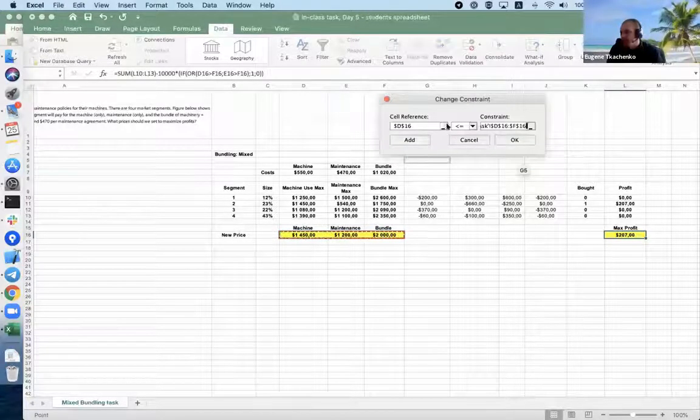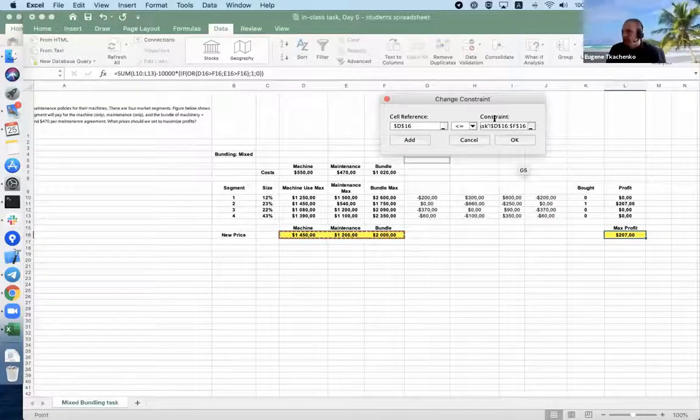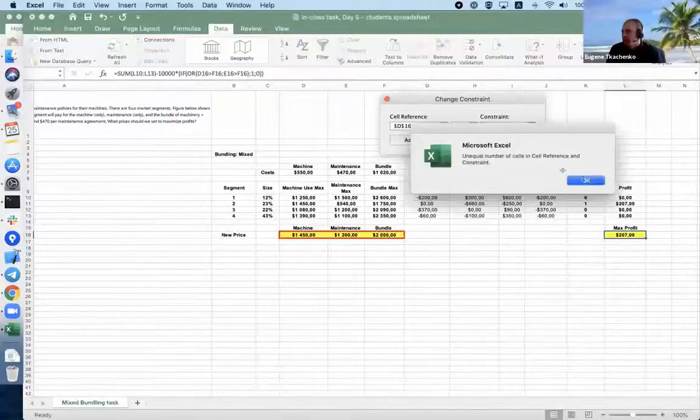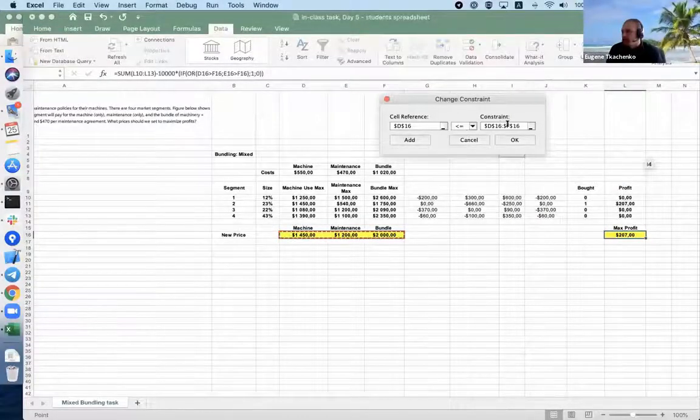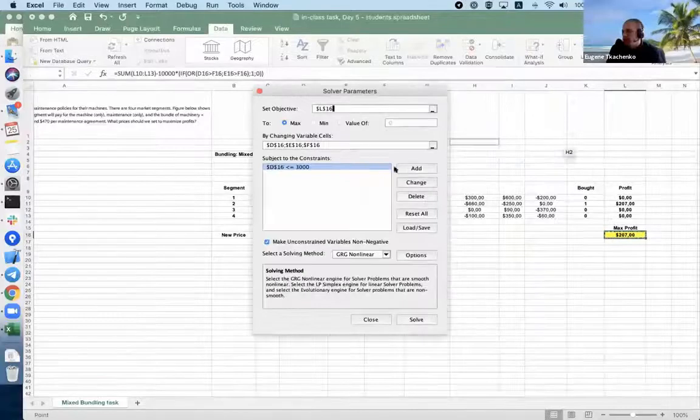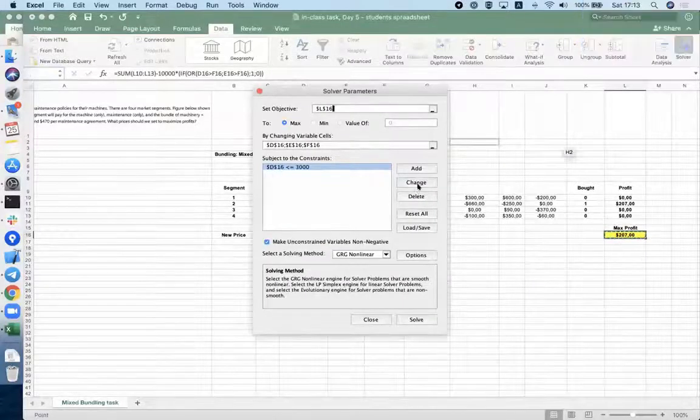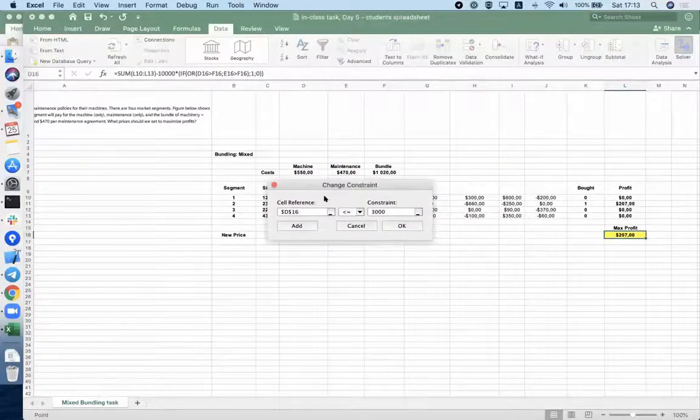Yeah, cell reference. But the constraint remains the same. So for the constraint, change it back to 3000. And the cell reference, change it to 3 cells. Okay. Yeah, sorry.